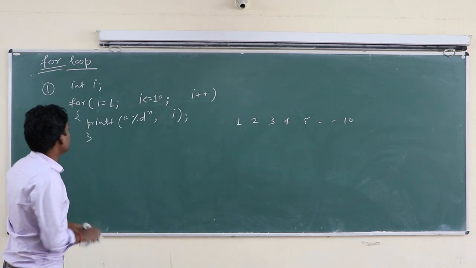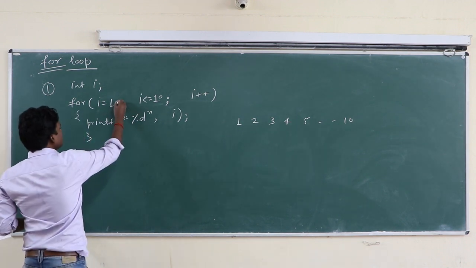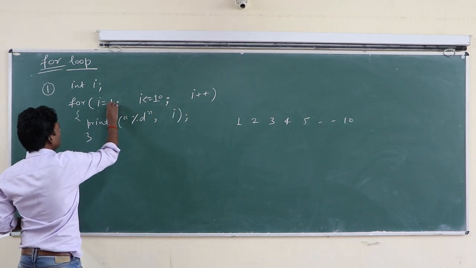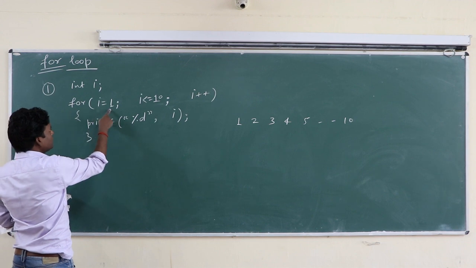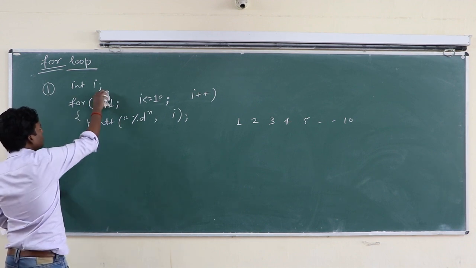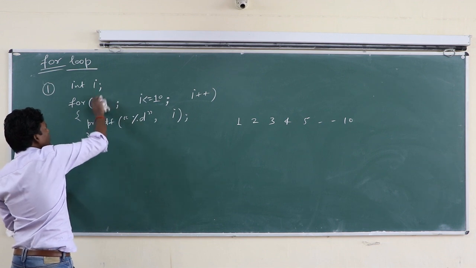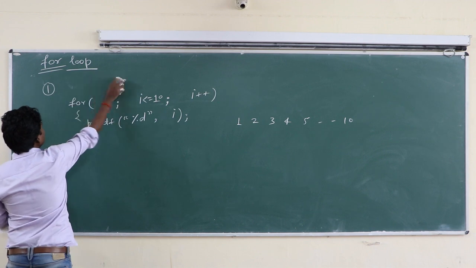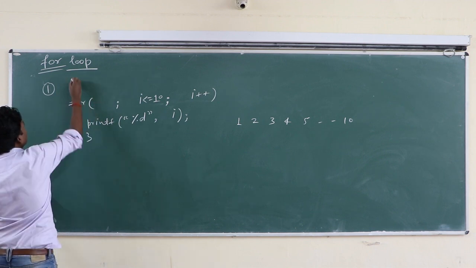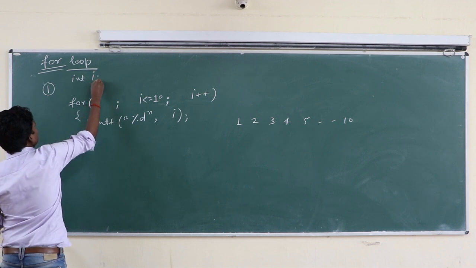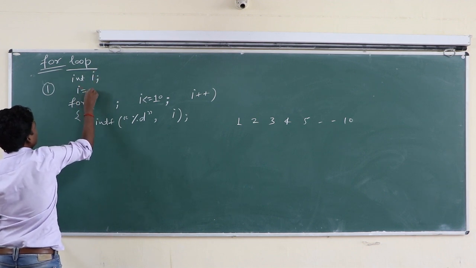Class, again, here this is the semicolon, this is the semicolon. We can write this initialization above. Here we are going to remove I equal to 1 and write it above: int I equal to 1.